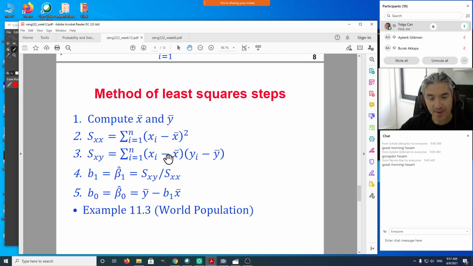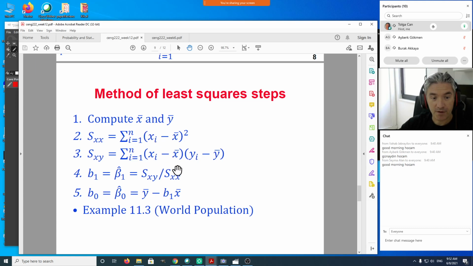Now, sometimes, as we are going to see in exercise 11.1, we may not be given individual data points. We may be given some statistics collected from this data. For example, we may be directly given the correlation coefficient between x and y, the sample variance for x, and the sample variance for y. So the measured statistics may be given to us, and the individual data points, the xi's, may not be available directly.